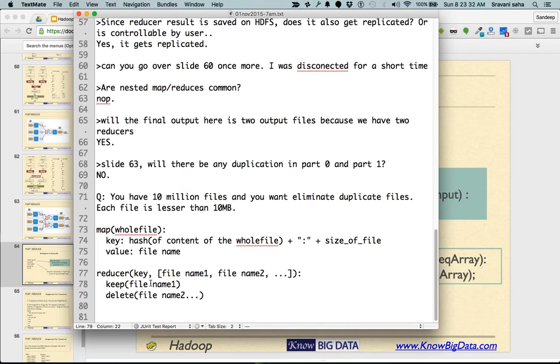So in this example, all we did was we made the key the composite of the hash and the size of the file, because even if the size is the same and the hash is the same, it's a very rare probability.